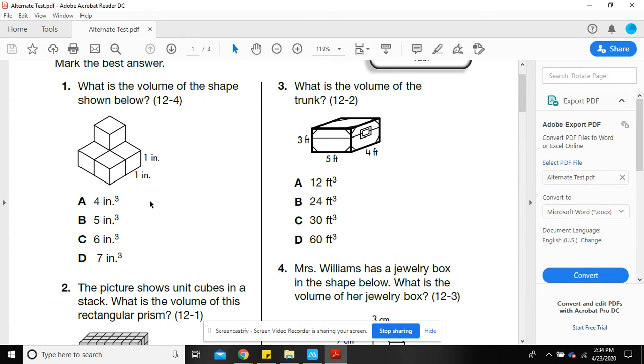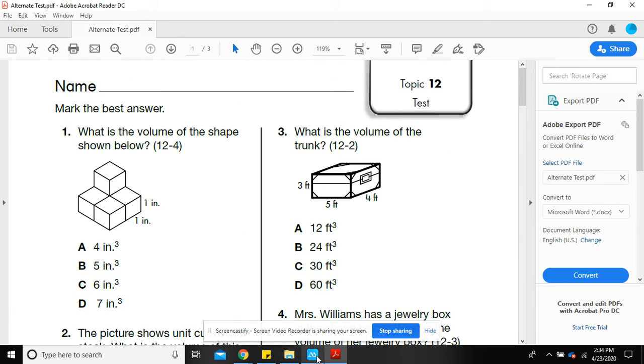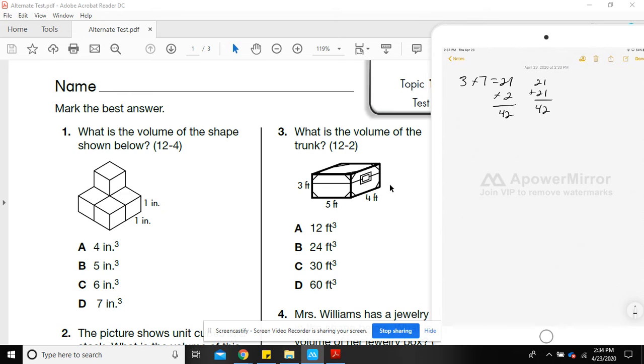Okay, now number 3. What's the volume of the trunk? This is where we have to do a little bit more math, not just counting. When we're looking at the volume of the trunk, this trunk has 3 feet on the height. The width is going to be 5 feet.